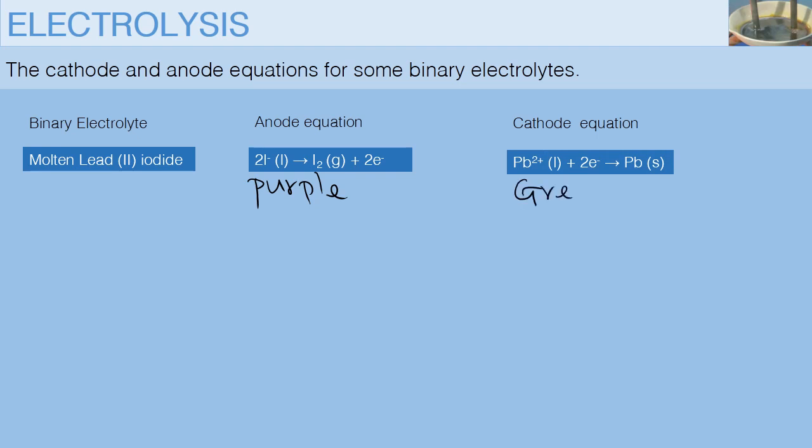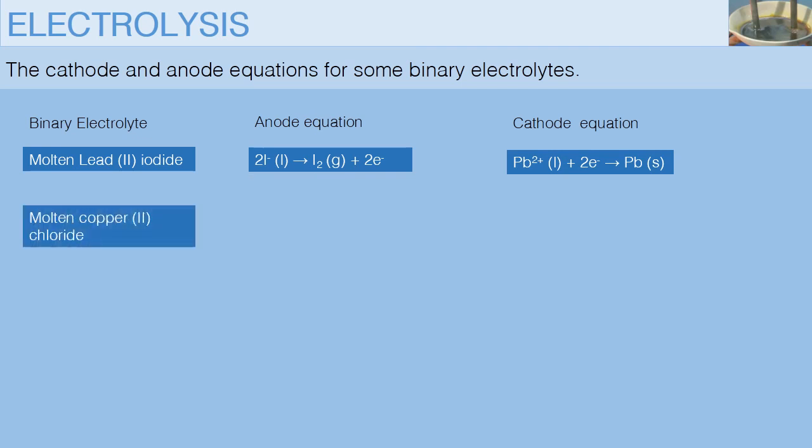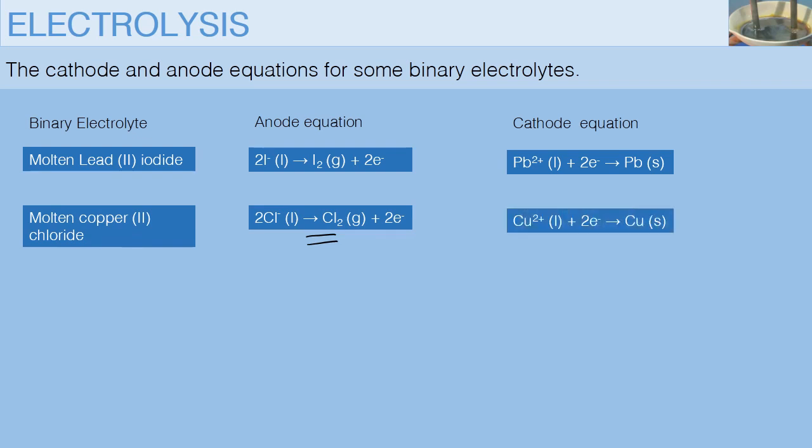Next, molten copper II chloride. At the anode, we'll observe a green-yellow gas, that is chlorine gas, while at the cathode, we'll observe a brown metal or brown bead, which is copper metal.